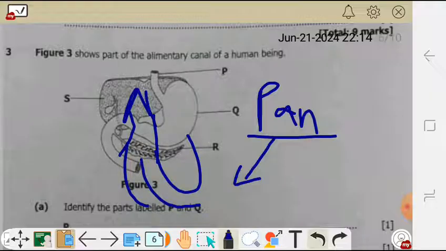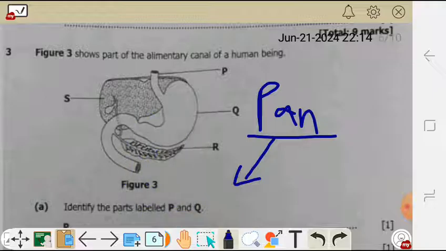So all the absorbed nutrients, and if you have taken a poisonous thing, will go to the liver. So the liver will say, oh, there is a poisonous substance here, we need to break it down. And apart from poisonous stuff, we also have detoxification of drugs. So if you have taken a drug, the liver will also help to break that drug down.